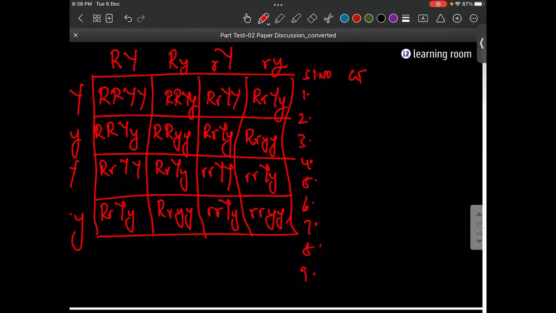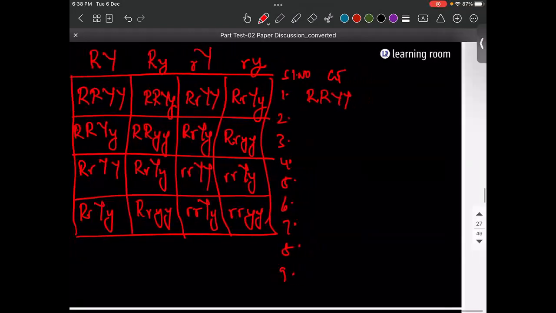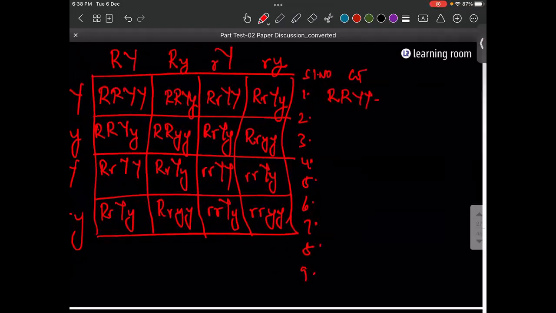Capital R, capital R, capital Y, capital Y, that will be only one. How many did you get? Only one. Next, capital R, capital R, capital Y, small y. How many? Two, sir.